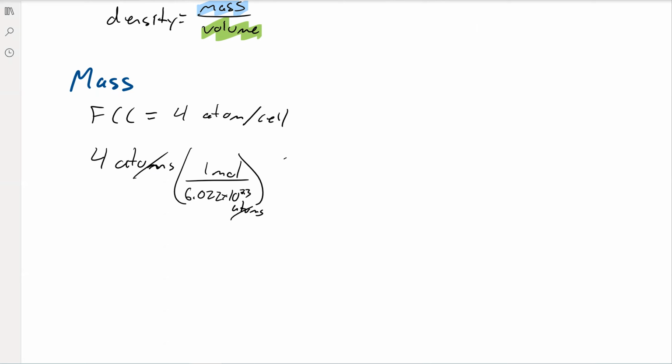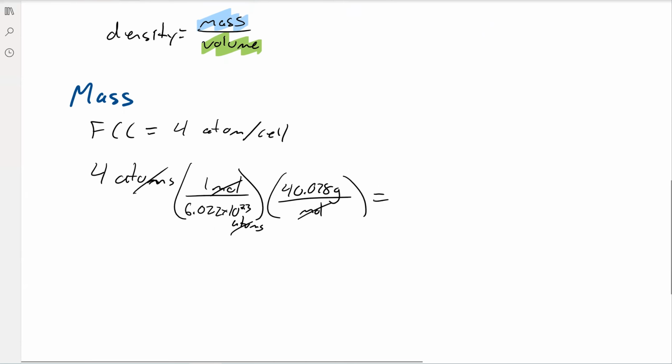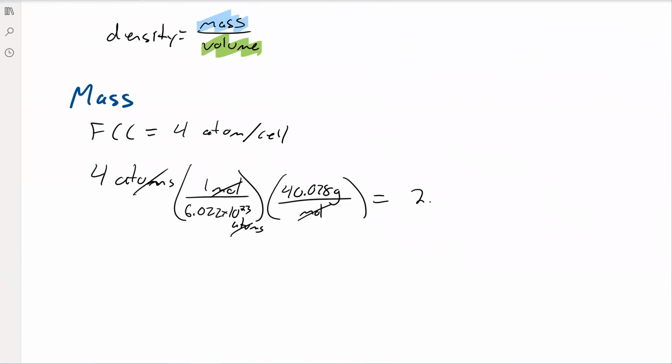The atoms cancel out, and then we can use the molar mass of calcium, which is 40.078 grams per mole. Now we can see the mass of our 4 atoms, and that covers the mass part of density. You get 2.66 times 10 to the negative 22 grams, which is a very small number, but it makes sense, since it's just the mass of 4 atoms, which is absolutely tiny.